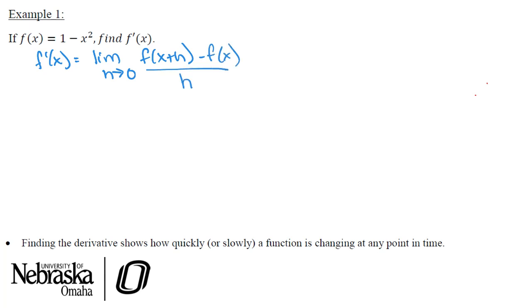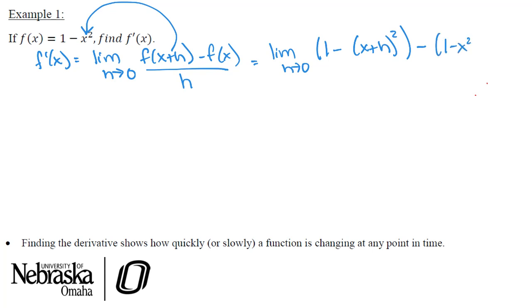Applying that to this function, we want the limit as h approaches 0. Now we plug in x plus h for our x. So we would have 1 minus x plus h quantity squared, minus f of x, so minus the function as it's given to us, divided by h.